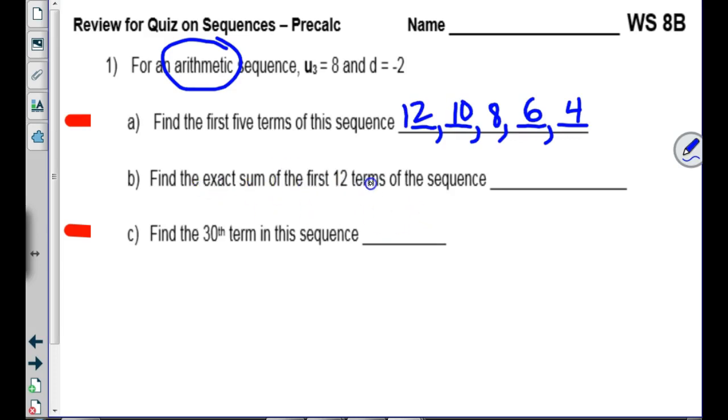Find the exact sum of the first 12 terms of this sequence. Does anybody remember? Oh, that's not actually, that's on a later section of the quiz, so I'll save that one. Find the 30th term. How do you find the 30th term?